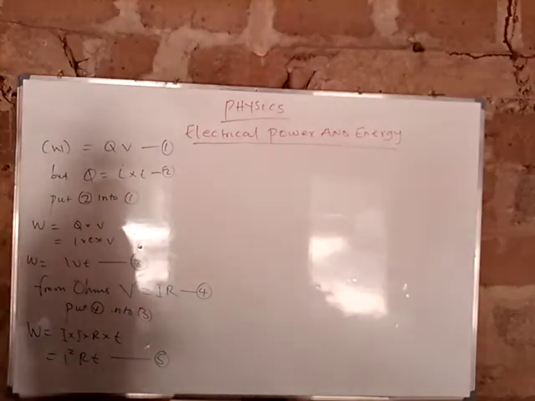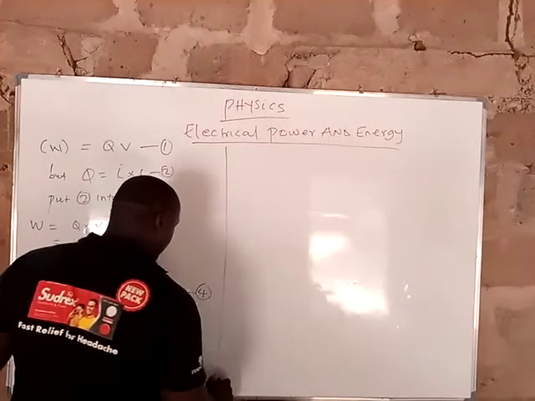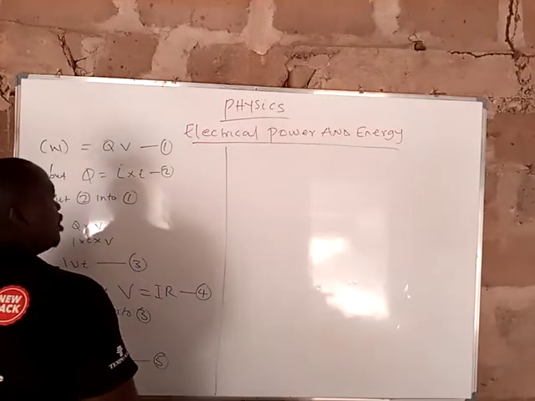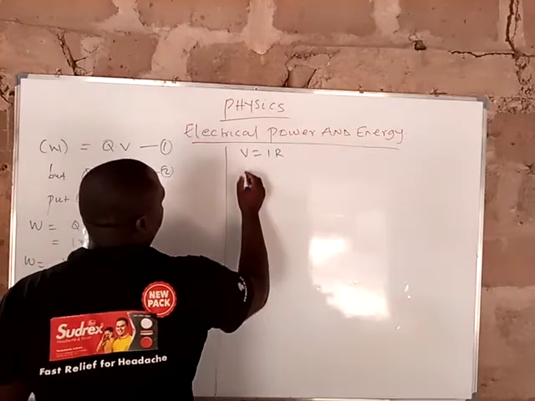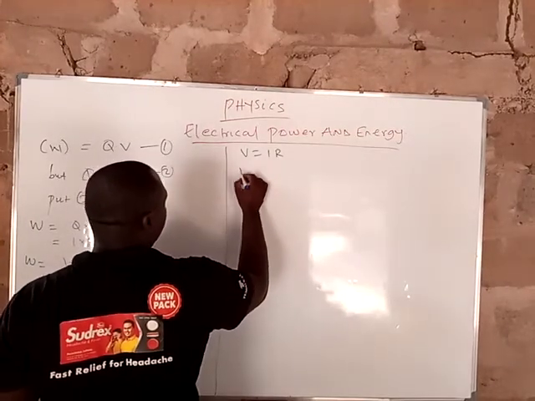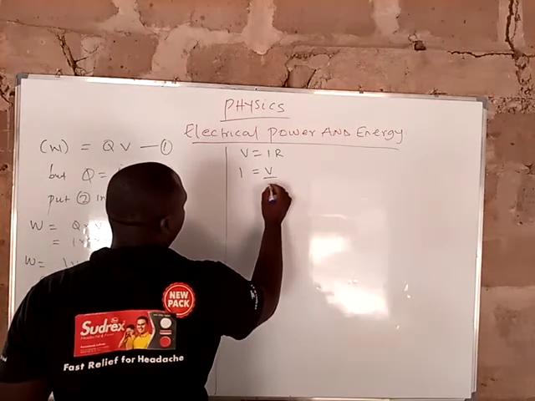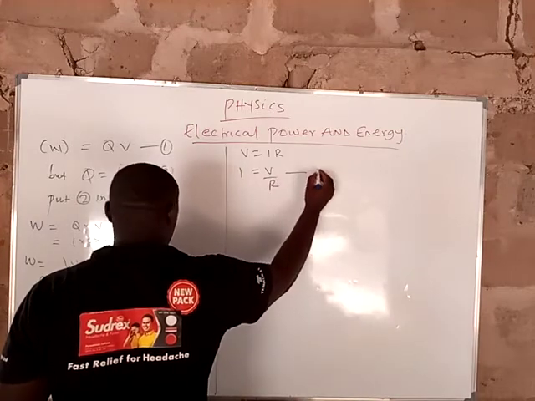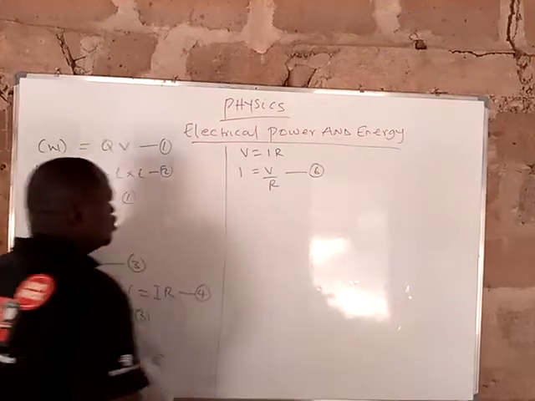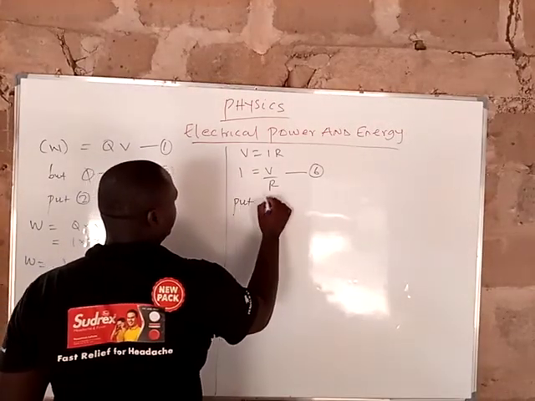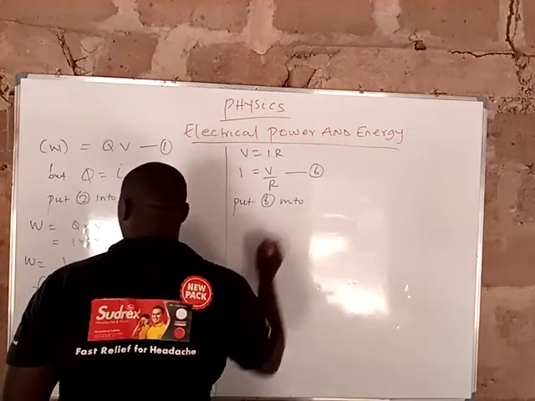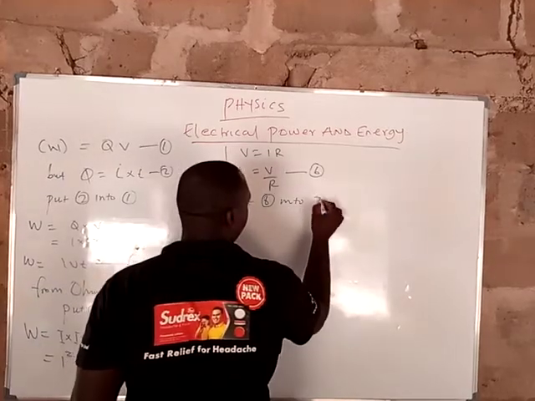This is equation 5. Equation 6. From the same Ohm's law, remember I said V is equal to IR. So I can decide to make I subject of the formula, and it's going to be what? V all over R. And let me call this my equation 6. So what I'm going to do right now, I'm going to put equation 6 into equation 3.